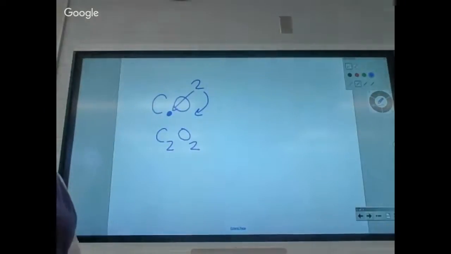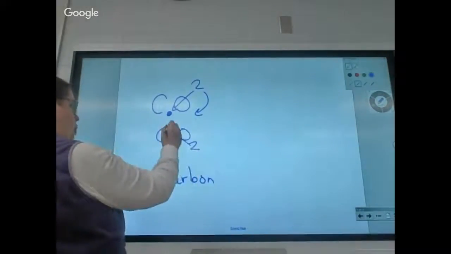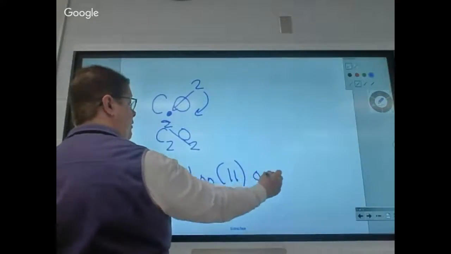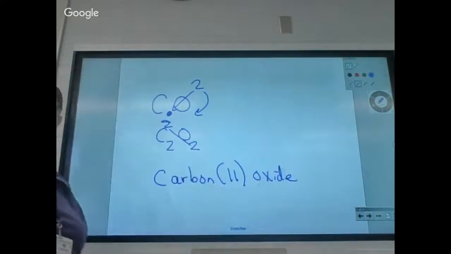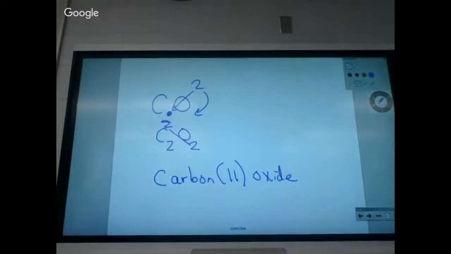So what number came from the C? So you'd write this as carbon, Roman number 2, oxide. Does that make sense? Yeah, I think where I got confused is I put the 6 to the S.